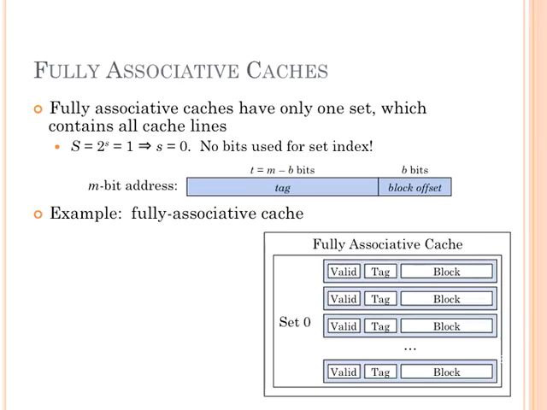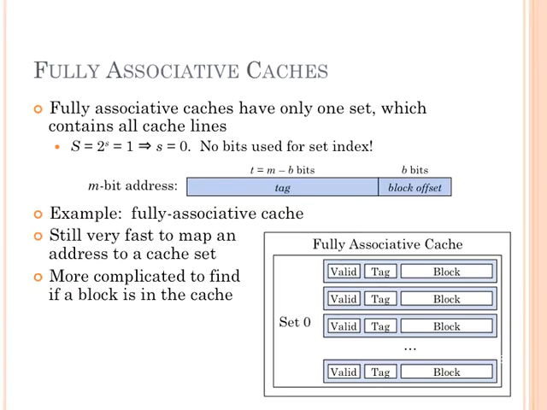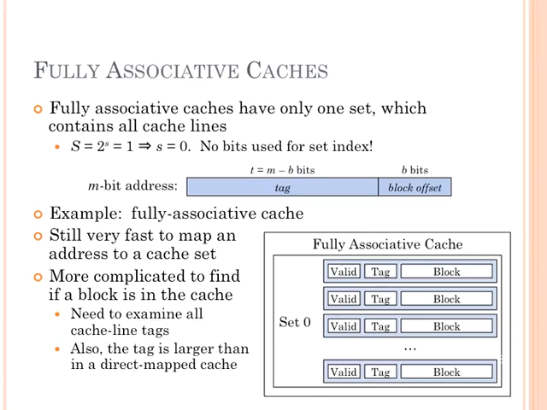One set, and I have all of these lines in that one set, and so it's fast, obviously, to map an access to the cache set because they all go into the same cache set. But then if I have to figure out where does it appear, which line, then I have to look at all of the tags at once. Okay? And the tags are larger. So you have 2 strikes against you when you have a fully associative cache. All right, questions?